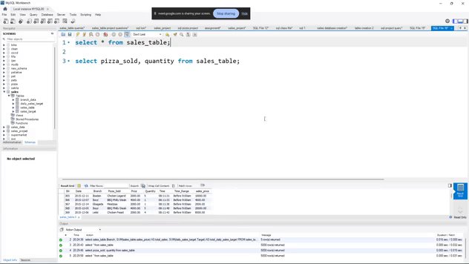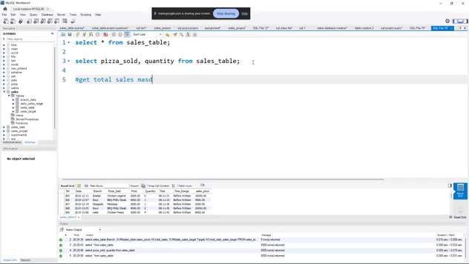I want to get the total sales that was made for each branch.